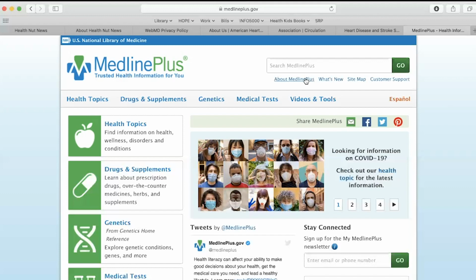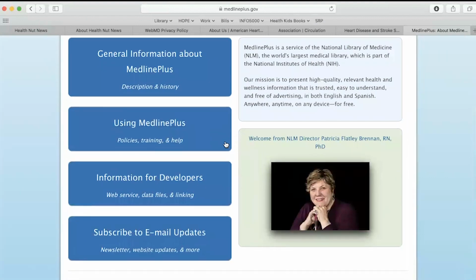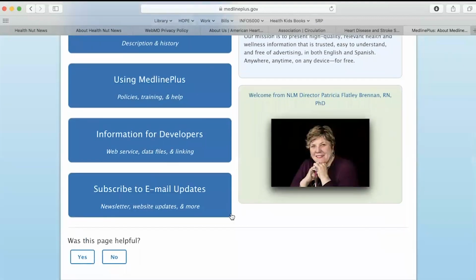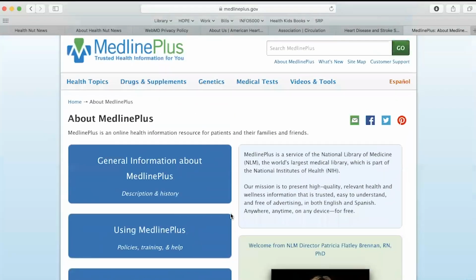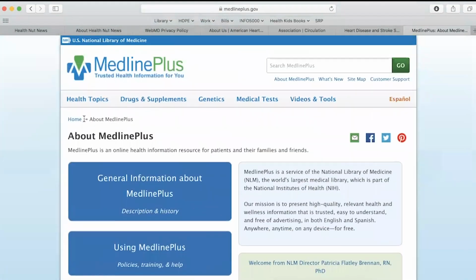And again, like other websites, you can go to, say, the About page and learn about what their guidelines are, how they develop information for various things. You can see that here, the disclaimers, privacy, various guidelines for why things are linked.